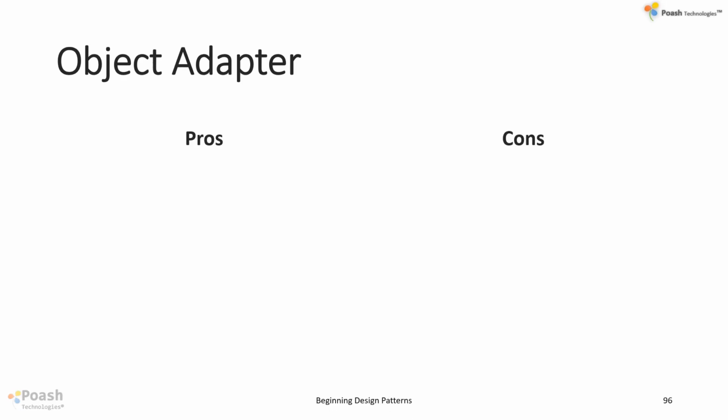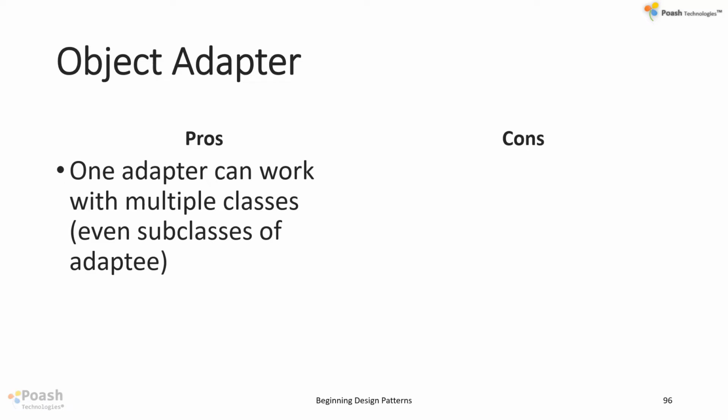One object adapter can work with multiple classes. This is useful when you want to use the features of all the classes in a hierarchy. For example, there could be a hierarchy of classes like this. This may be a base class, and here you have different child classes.